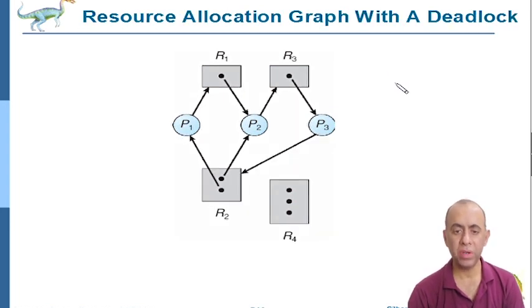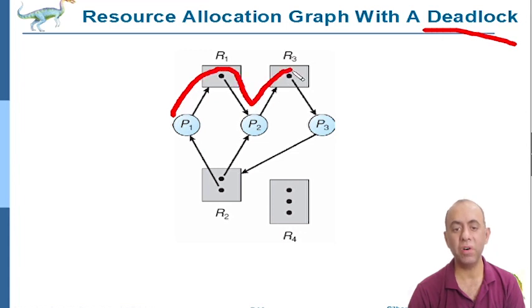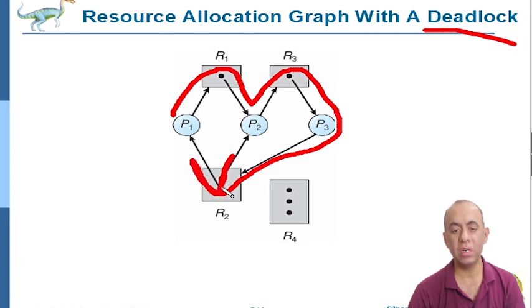This is an example where there is a deadlock, because you can see that process P1 is waiting on R1, which is held by P2, which is waiting for R3, which is held by P3, which is waiting for a free instance of R2, but both of these are being held by two.